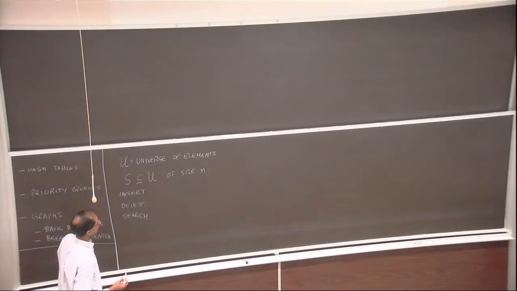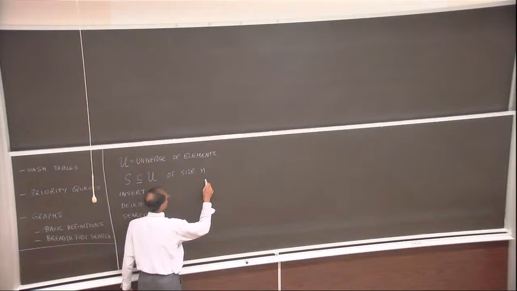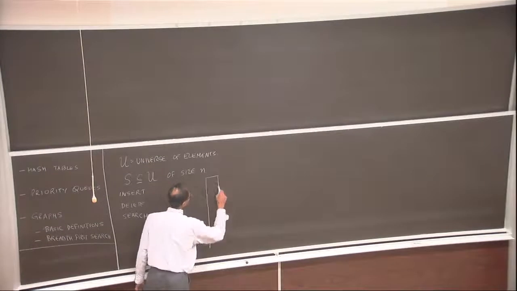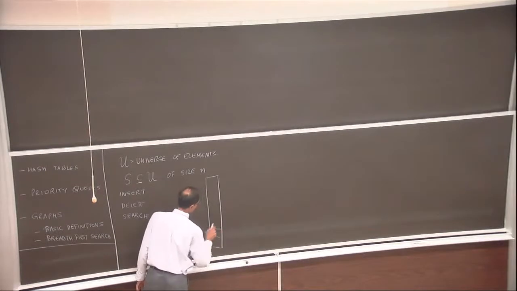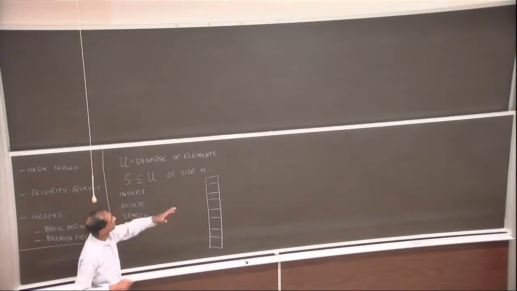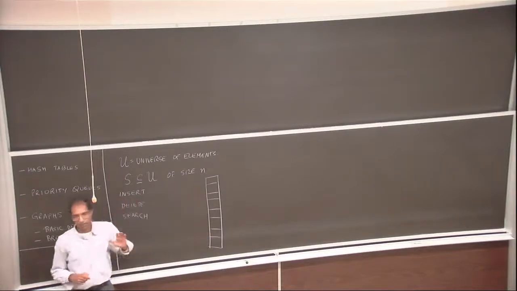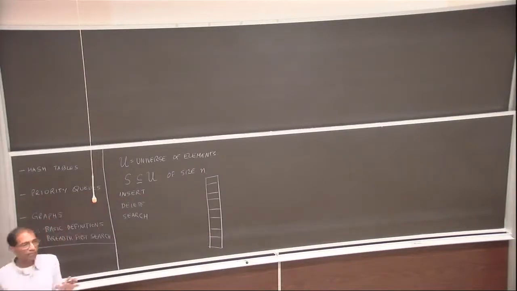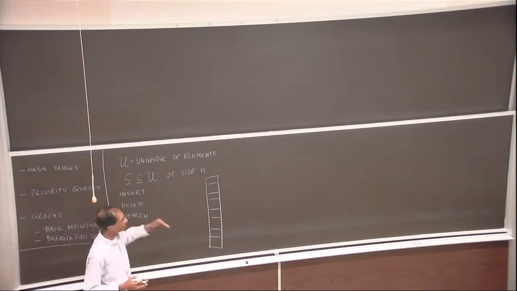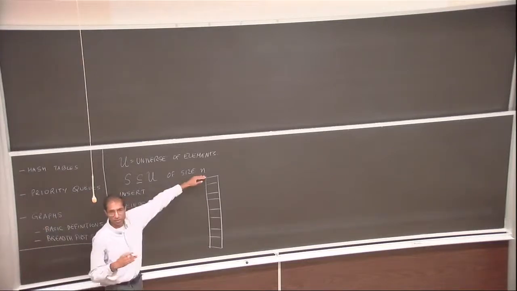And the key idea of a hash table is that you build an array of size roughly n, which is proportional to the number of elements you expect. Of course, this number n could actually be changing.